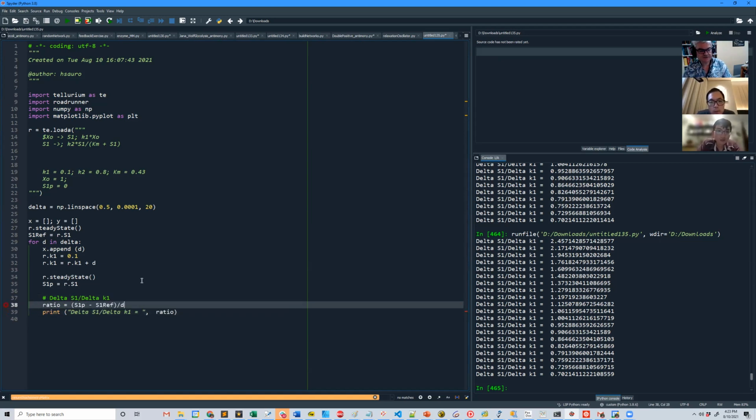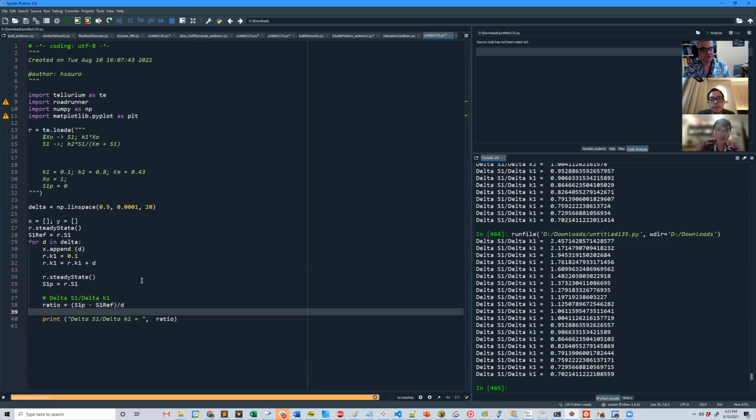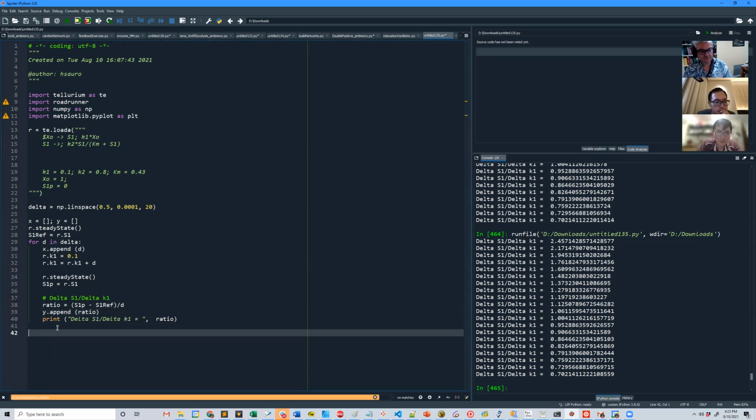Ratio equals that. And I'll append ratio to the y-axis, okay? There we go. And then when we come out of it, I shall plot x versus y.